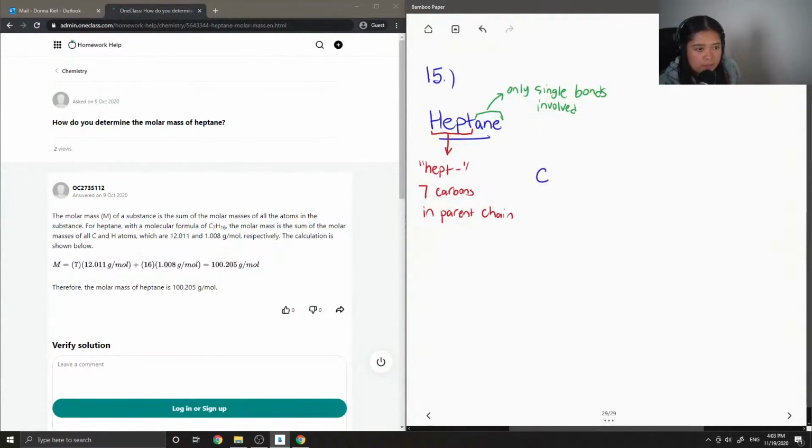So now I can draw out 7 carbons to make a chain. And since carbon can have 4 bonds attached to it, I'm going to fill out the rest of them with hydrogens.